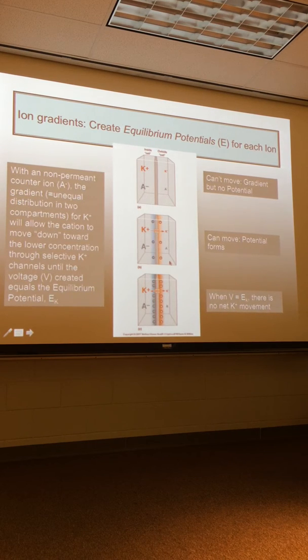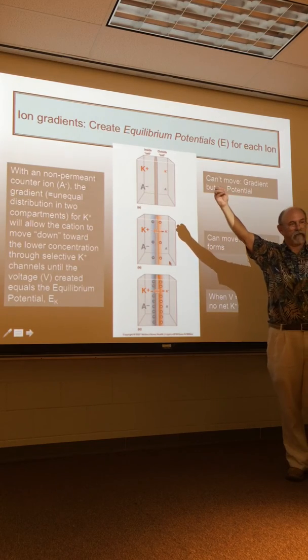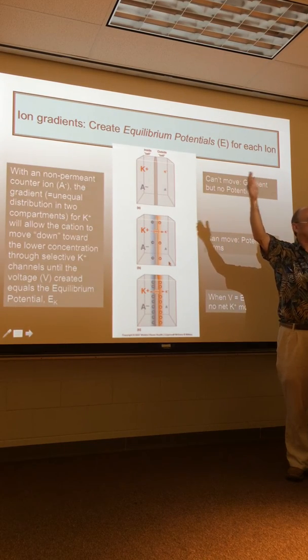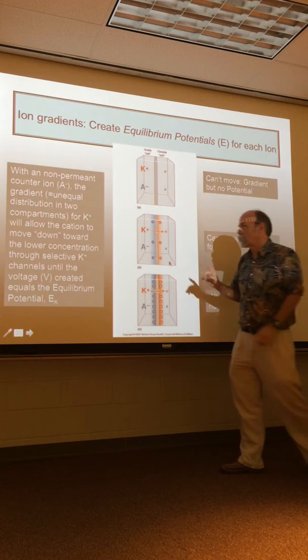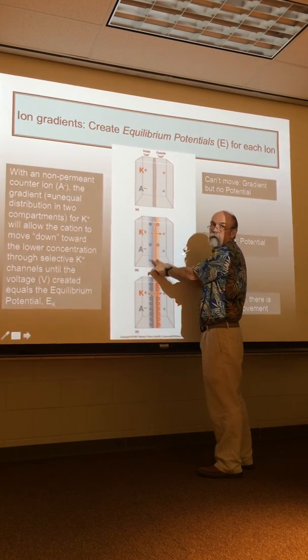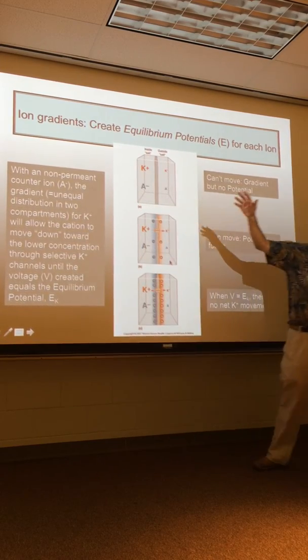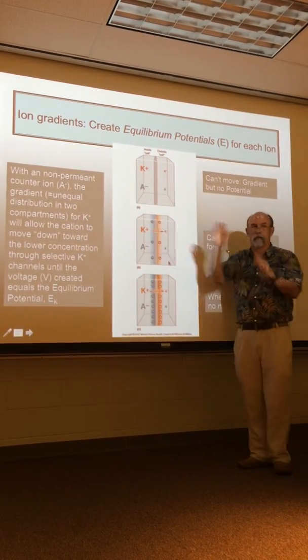What have we done? We've separated charge, right? You separate charge, you get voltage. But the charge separation isn't like this. We're talking about right across the membrane, okay? Because all the other ions are floating around, they're not contributing. It's only right at the membrane.